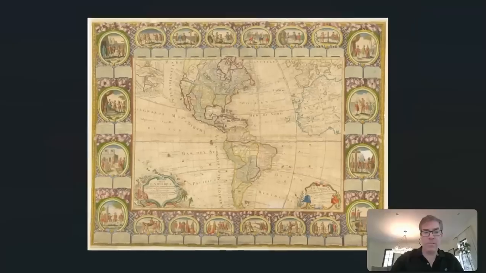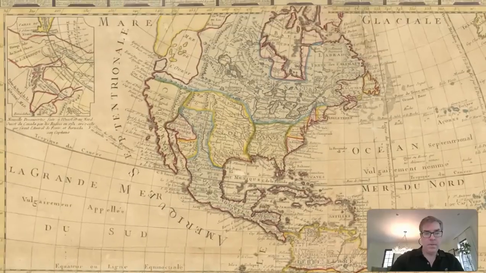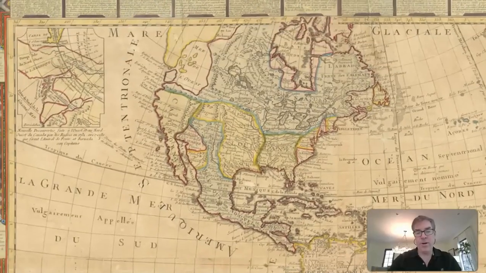You can see another map here, and you can see California is no longer an island. You can see this large sea there where this peninsula is. And this is called the Sea of the North. This is no longer there, but it was at that point in time.